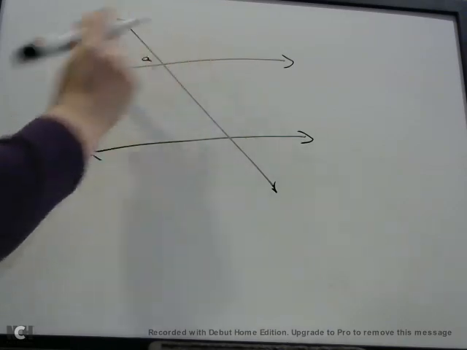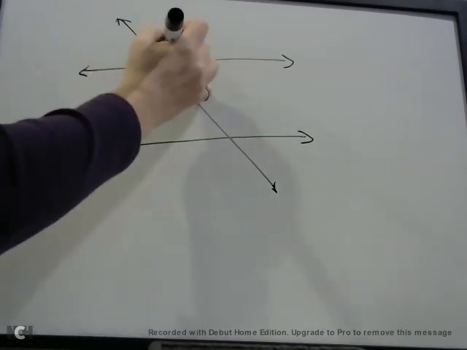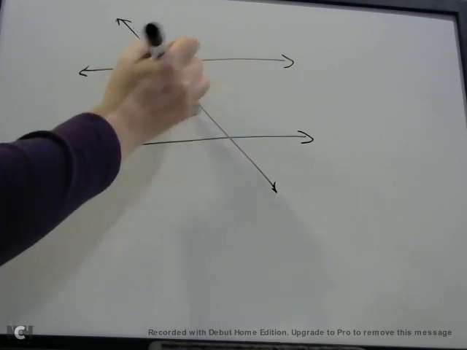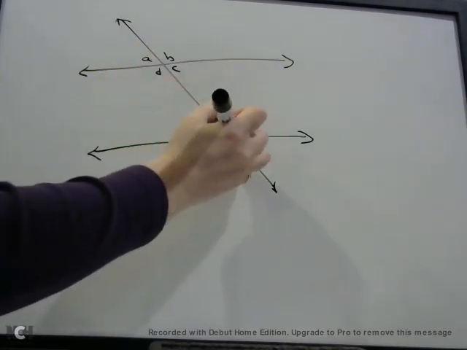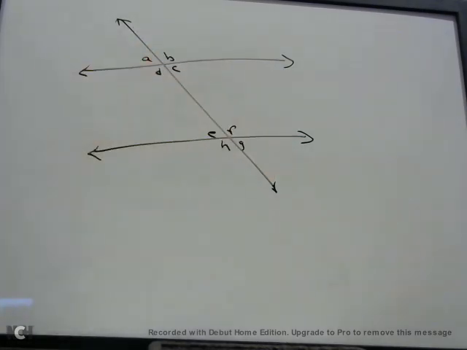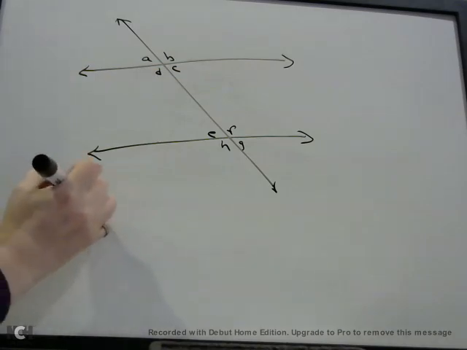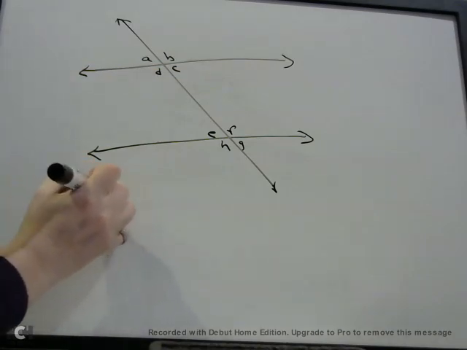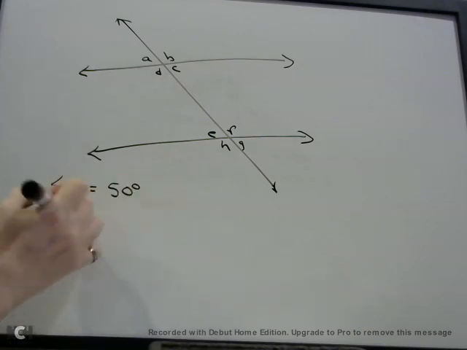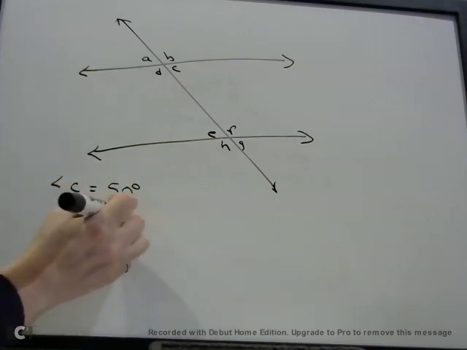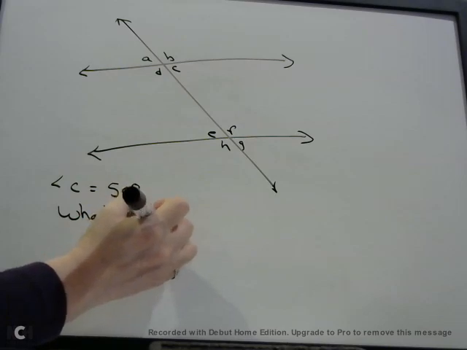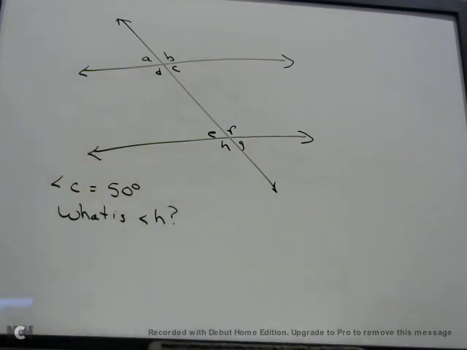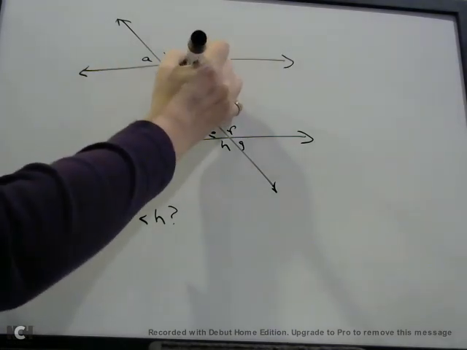They'll label the angles in some manner, like this, and the question might just say, angle C equals 50 degrees. What is angle H? If you don't know these concepts, this will probably look like a hard problem, but really it's not. So we have angle C equals 50 degrees.